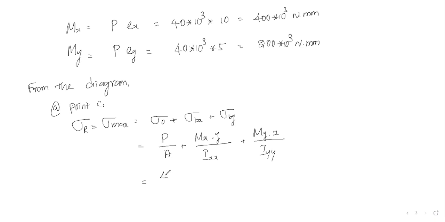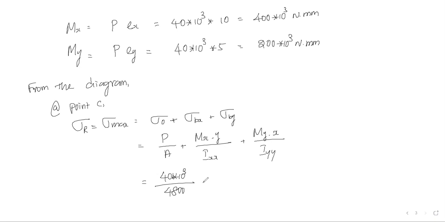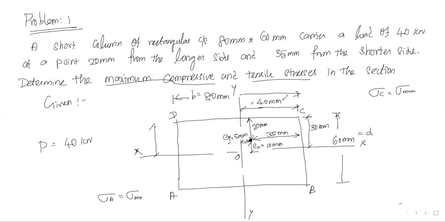So load 40 into 10 cube divided by area, which is 4800, plus Mx value 400 into 10 cube into y, which is the perpendicular distance. This is our y value. Okay, and this is our x value with respect to perpendicular axis.